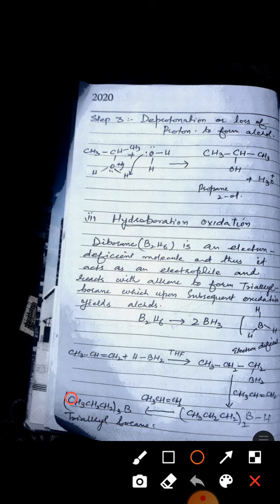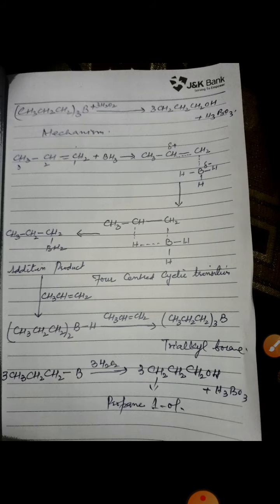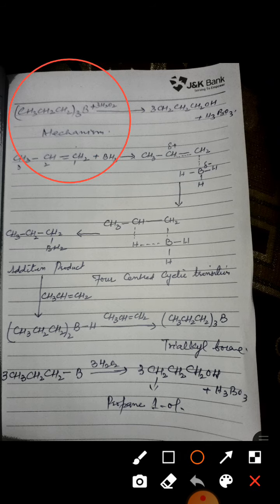This is our trialkyl borane. उसके बाद this trialkyl borane upon subsequent oxidation, उसके बाद इसकी ऑक्सीडेशन होती है in the presence of hydrogen peroxide, so that we get 3 molecules of alcohol, propanol and boric acid. And another product which we get here is the boric acid.